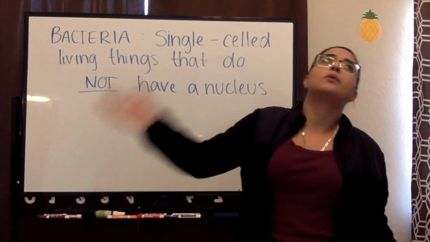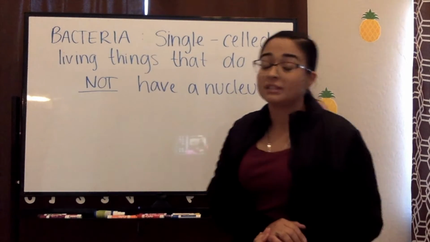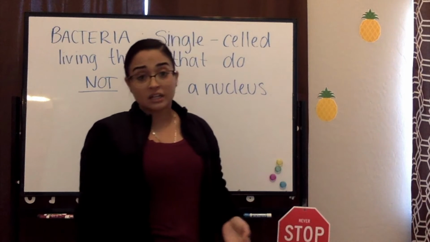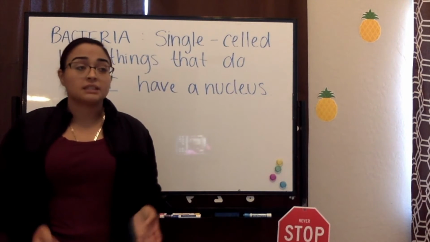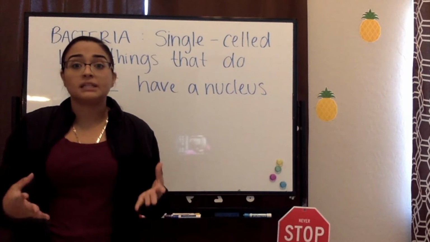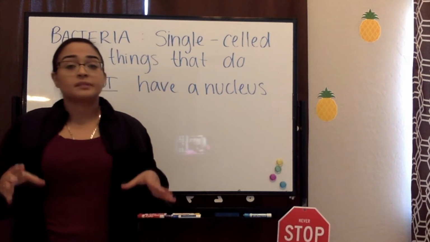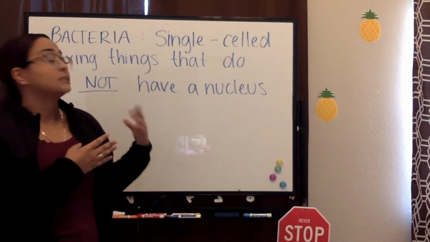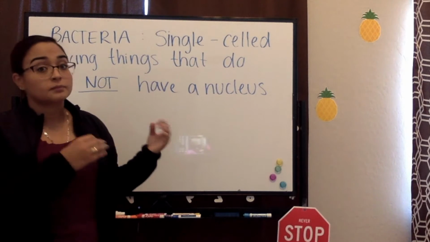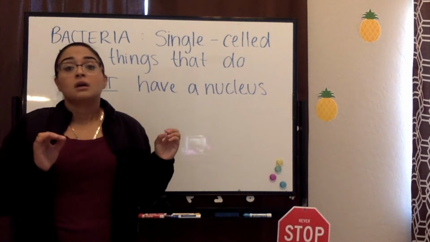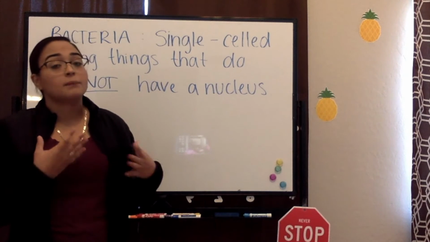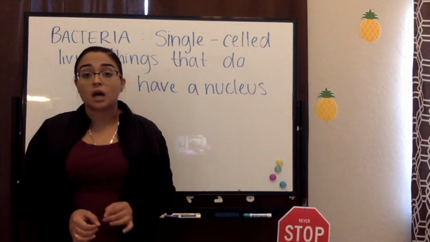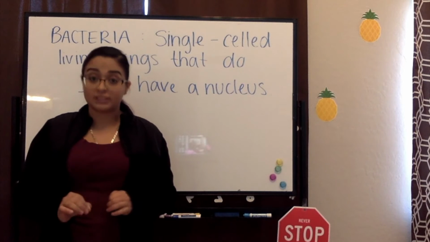Now remember, way back in the beginning of this semester, I started talking about cells, and I mentioned that there are many different types of cells. Now, bacteria is a type of cell. It is not like the rest of the cells. A bacteria cell does not have a nucleus.